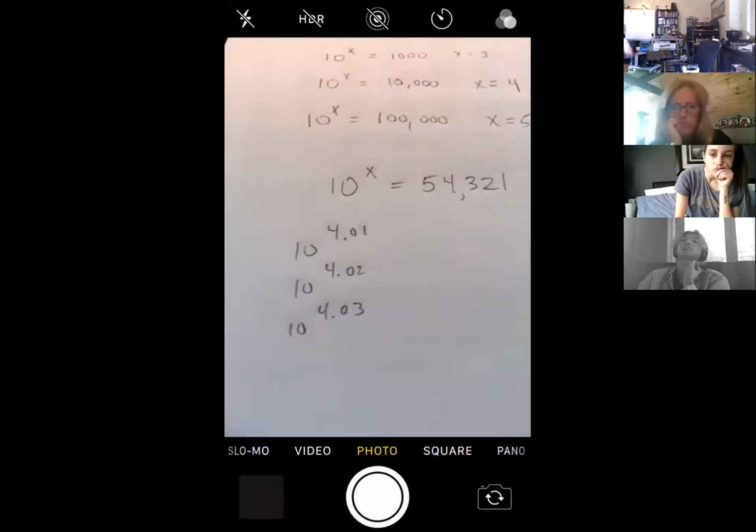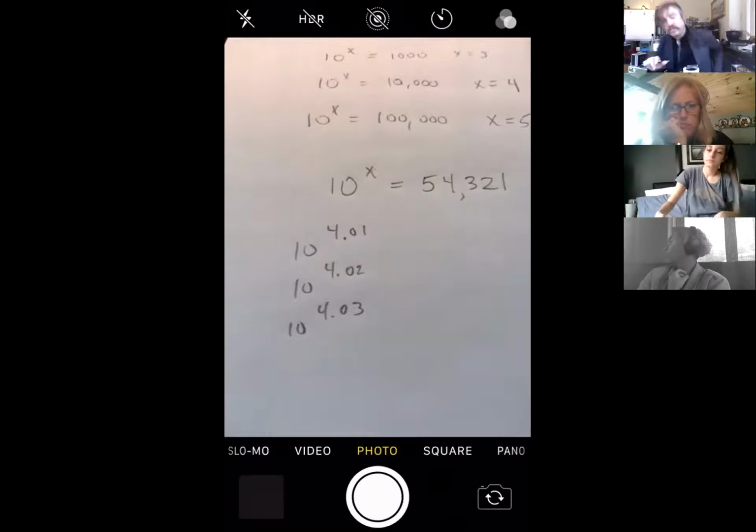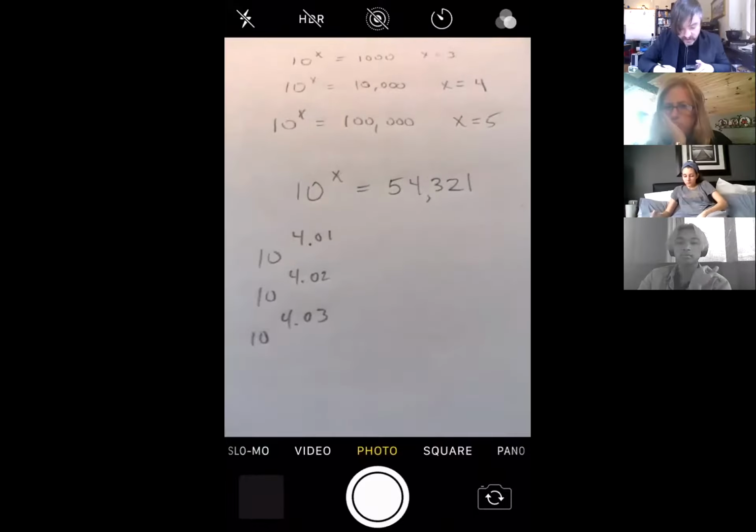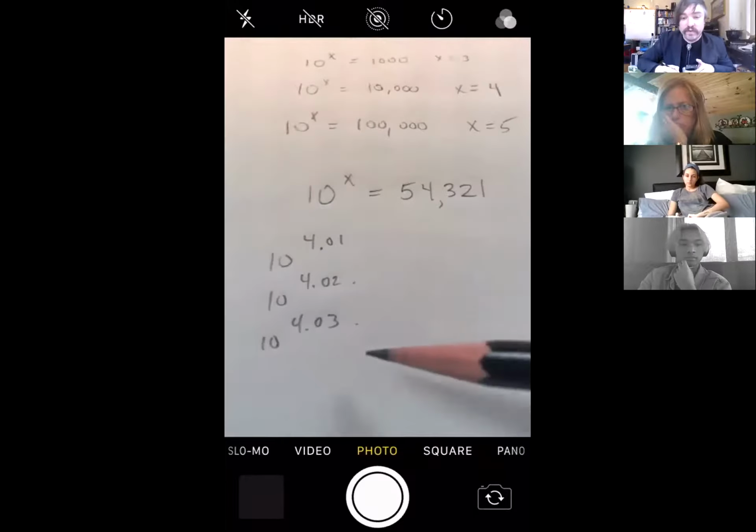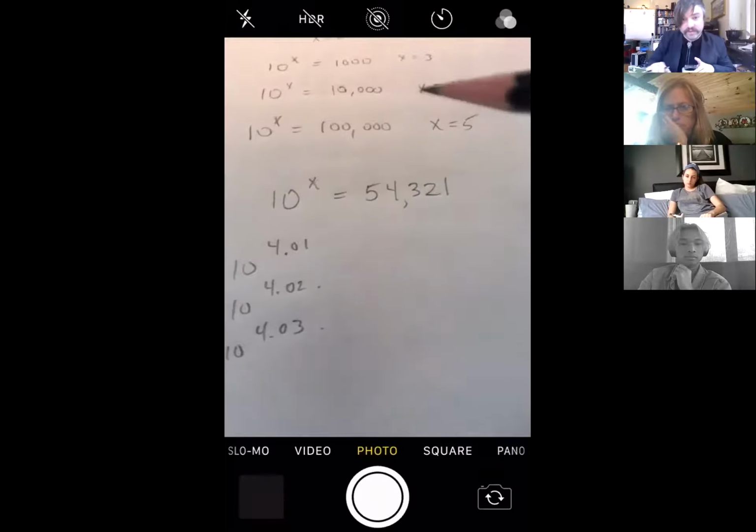And then you turn it into a little computer program to reverse engineer. So the idea is you raise 10 to every power between 4 and 5, and then you find the number that's closest to 54321.